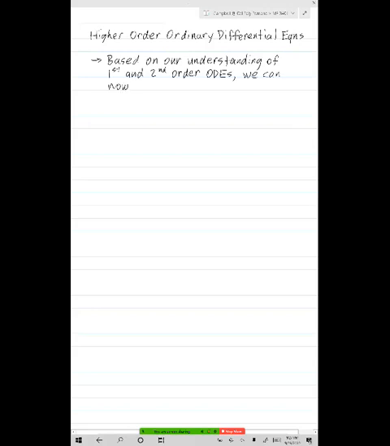We can now investigate higher order ordinary differential equations. And so let's go ahead and just define it. I know I've said it and it's implied in that statement, but let's state it explicitly.